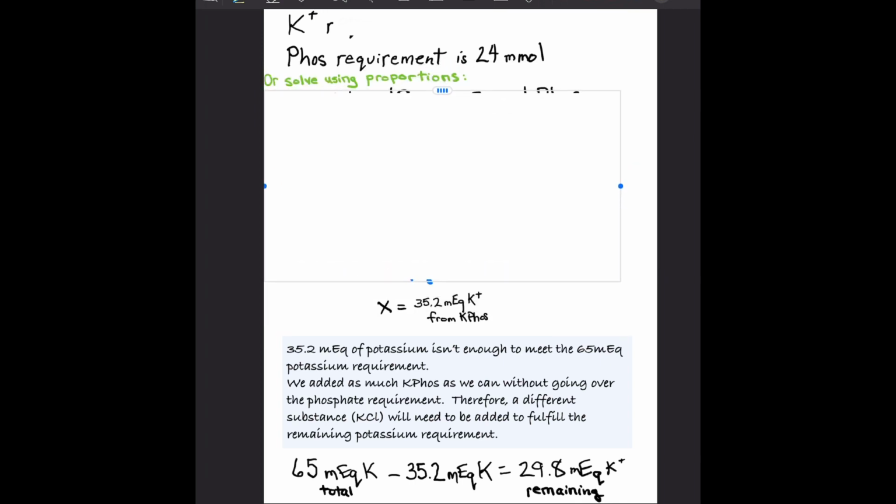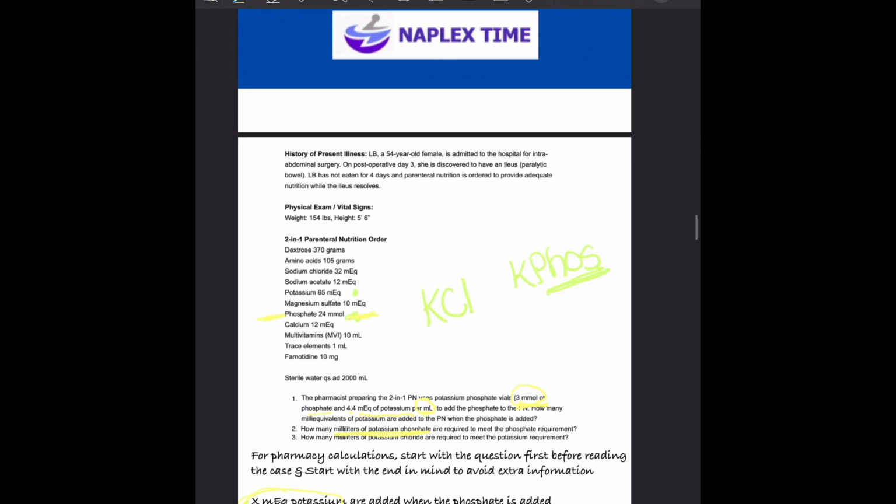You can see the requirement in the formula up here. 65. Do you see potassium 65? Noted by the green dot.